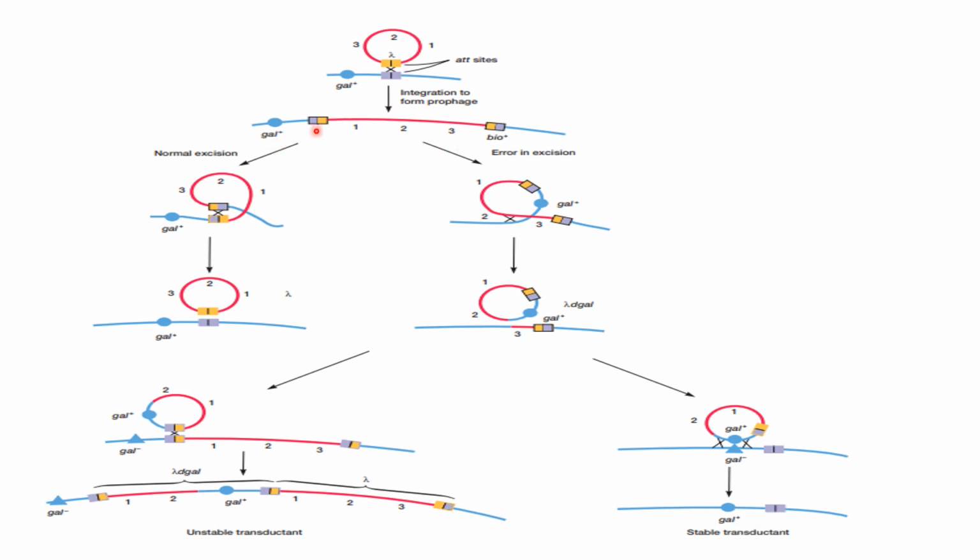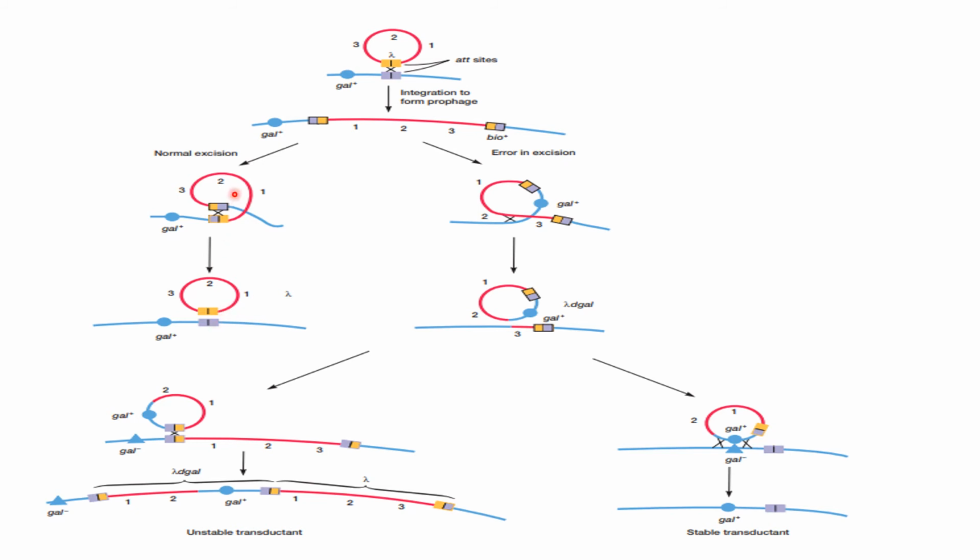So this is the integrated prophage that you are seeing in 1, 2, 3 configuration. And near to this prophage, what you see here in the bacterial chromosome is the gal plus gene and the bio plus gene. Gal plus gene is the galactose utilization gene and this is the biotin synthesis gene. So these two genes are present adjacent to the prophage gene in the bacterial chromosome. Right? Now, in a normal excision, what will happen is this whole phage gene will come out of the bacterial genome, and the normal phage gene now will undergo the lytic cycle.